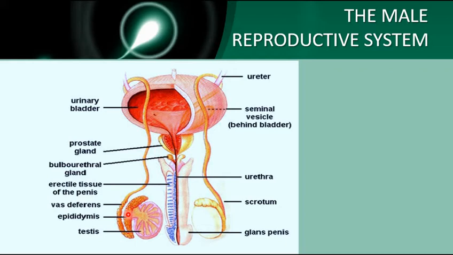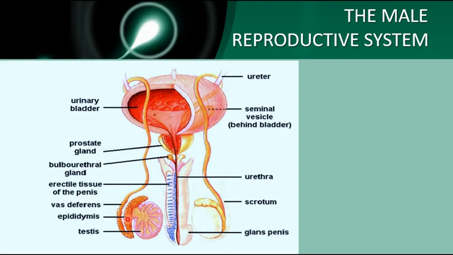It is also responsible for the passage of sperm from the testes into the sperm duct. The sperm duct here is what we call the vas deferens. Either we call it the sperm duct or the vas deferens. The vas deferens is responsible for carrying the sperm from the epididymis to the seminal vesicle or urethra.